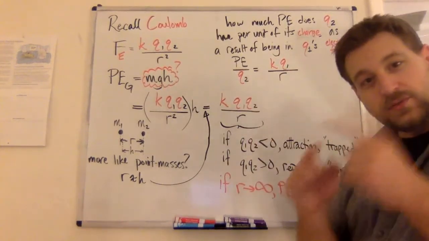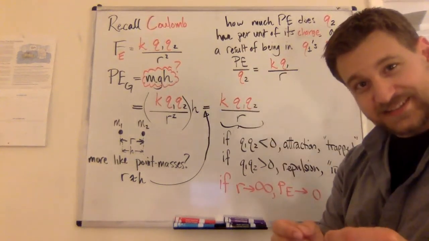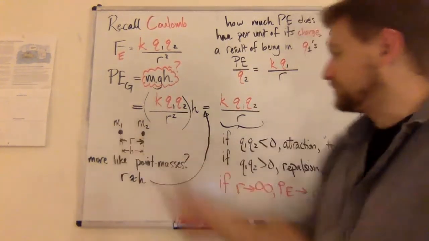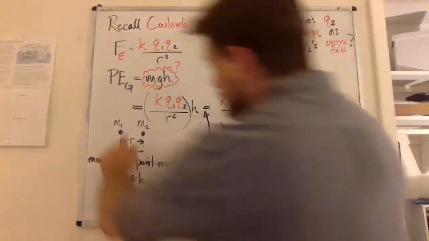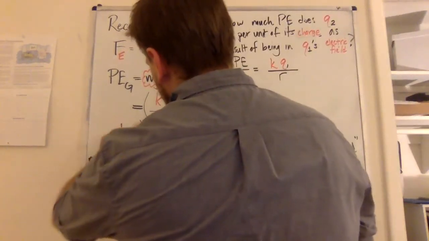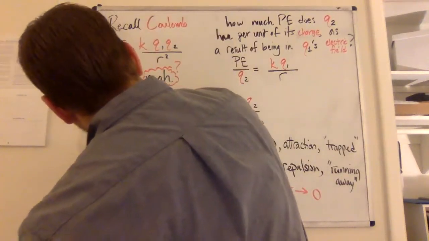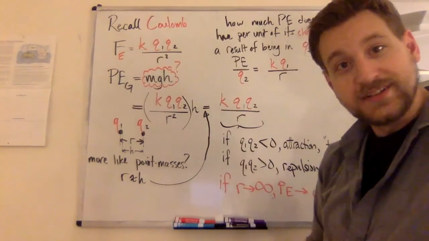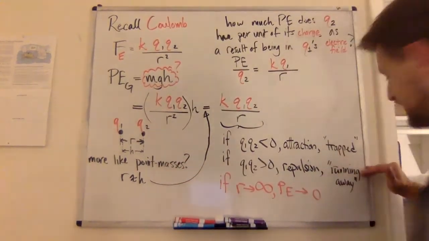If Q1 and Q2 are the same sign, then we've got a repulsive effect, right? Oh, I should have changed these. If Q1 is positive, and Q2 is also positive, then they push each other away. That's the second case.